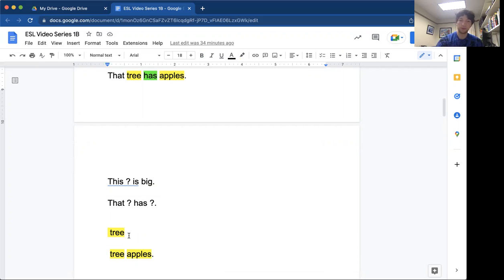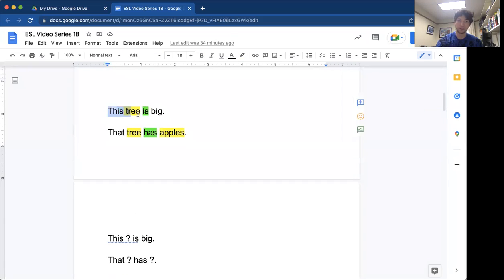The first part, which indicates that what we're talking about right here, is the subject, and it provides the thing that we're talking about. So it's an important part. And the second part right here, it indicates the relevance of what we're talking about.